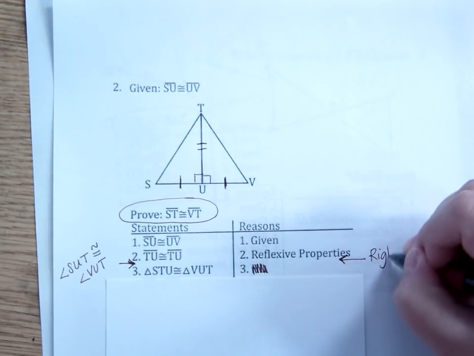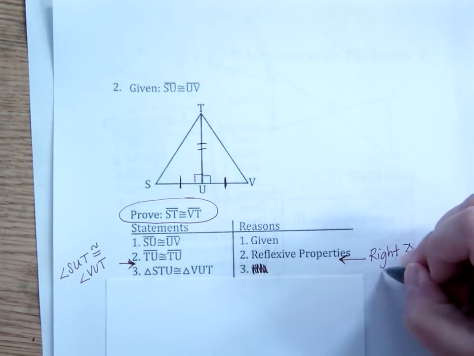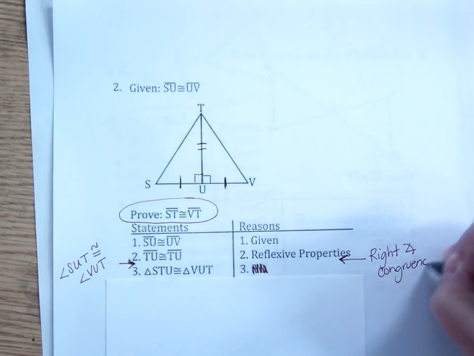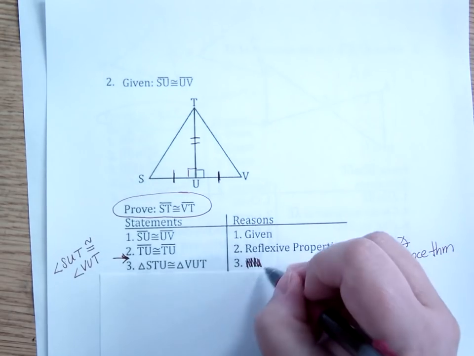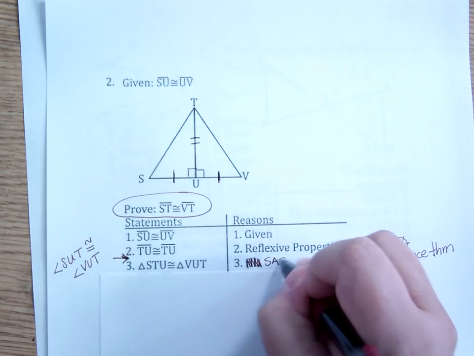It's the thing that just basically says all right angles are congruent. So since I know those are both right angles, I know that they'll be congruent. So now I have SAS. So now I'm going to say for step 3, SAS.